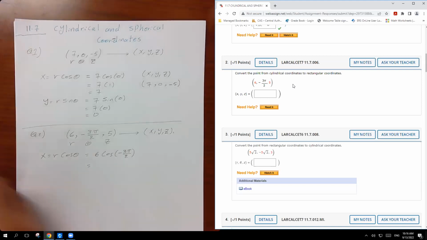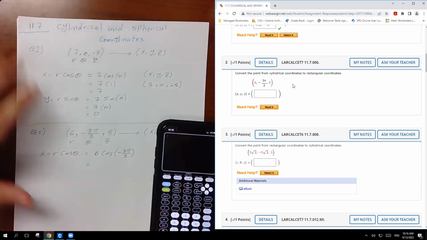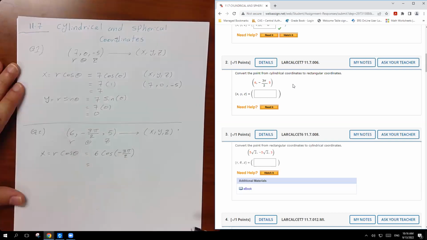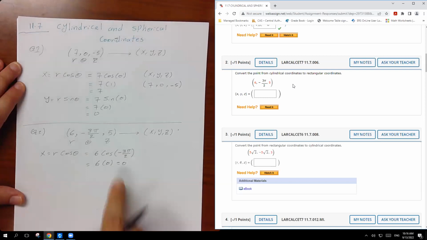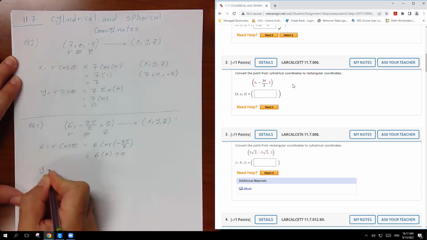So 6 times cosine of -3 pi divided by 2, which is going to be 0. That means 6 times 0, and the result is going to be 0. So x is 0.